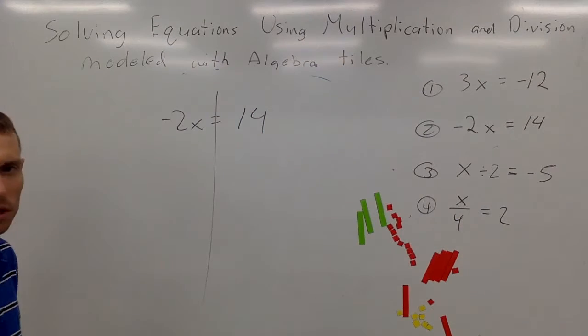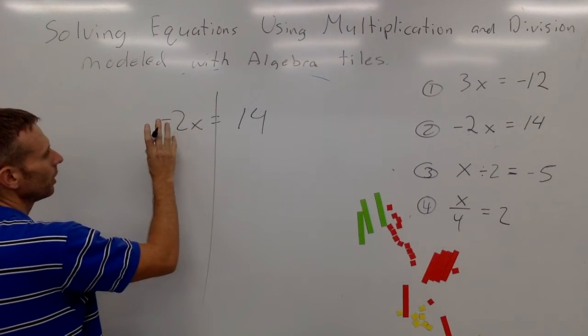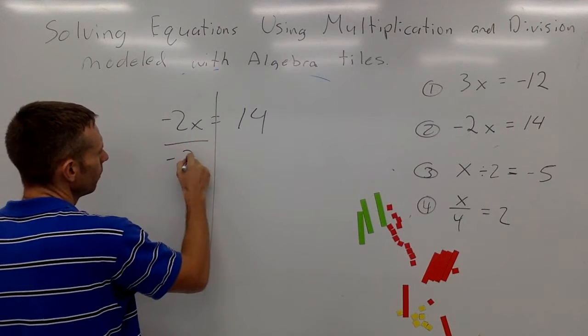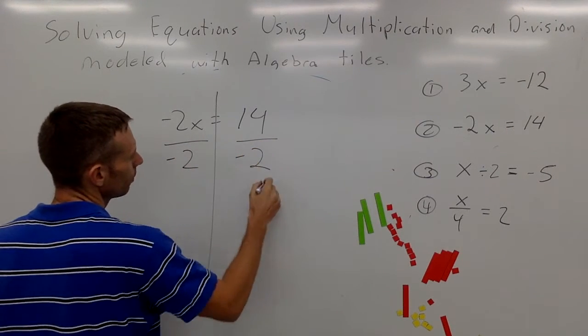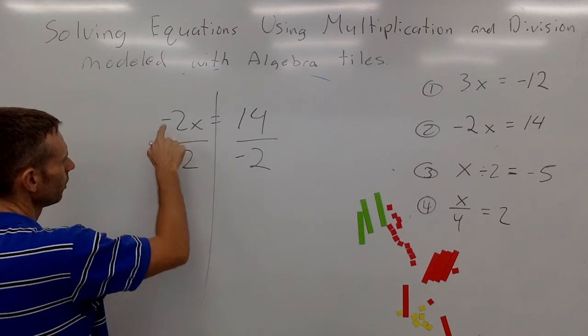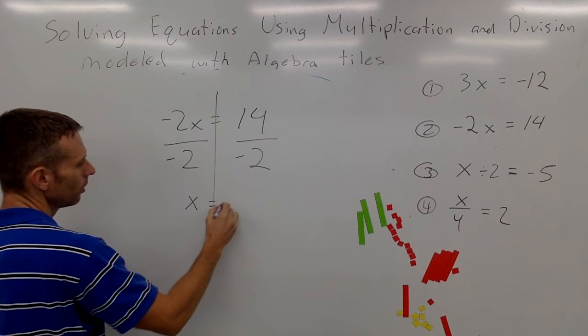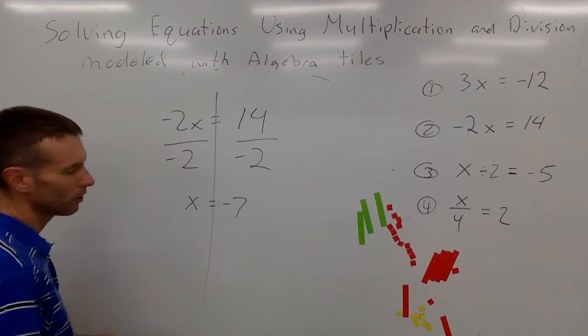I'm going to draw my line so I know to make sure that whatever I do to the left, I do to the right. Since x is being multiplied by negative 2, and I want to get x by itself, I'm going to divide both sides by negative 2. This will cancel, and I'll get x, 14 divided by negative 2 equals negative 7.